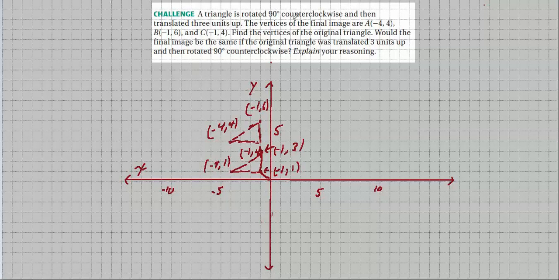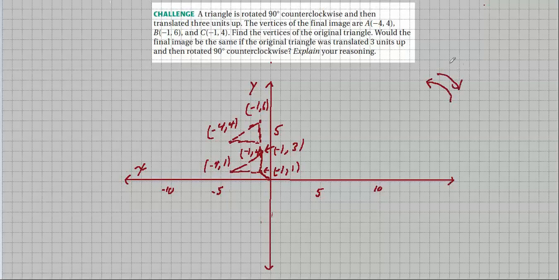Not only do we have to go 3 units down rather than up to reverse this transformation, we also have to go clockwise, not counterclockwise. We went counterclockwise the first time, which would be that way. To reverse that, of course, we have to go clockwise.